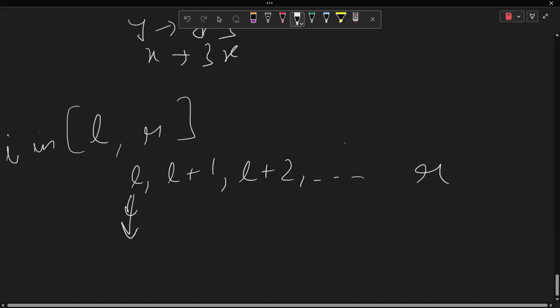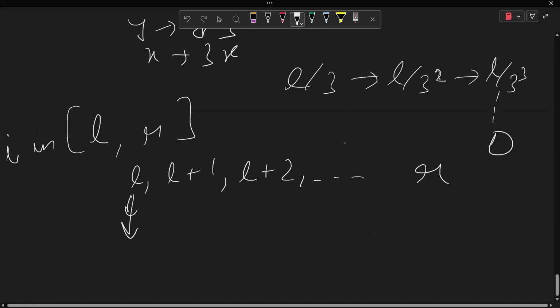Now, in what complexity can you calculate in how many steps this L would fall to 0? You can see this L would get reduced to L by 3, then L by 3 would get reduced by 3, so L by 3 square, then L by 3 cube. That way it would get reduced to 0.